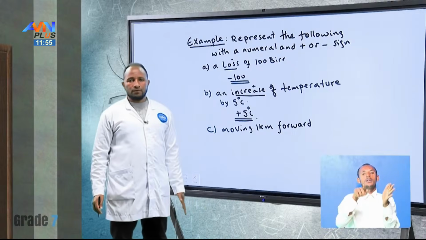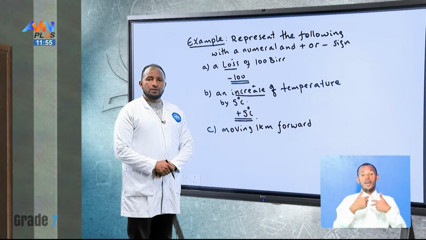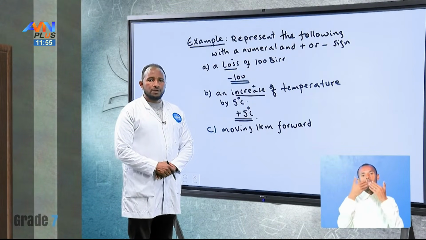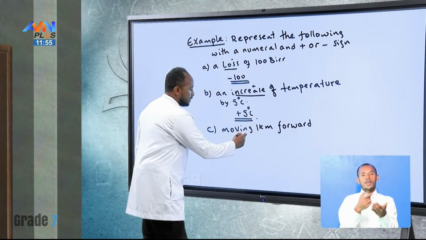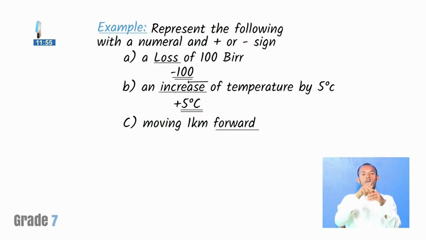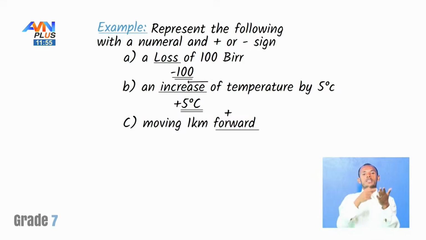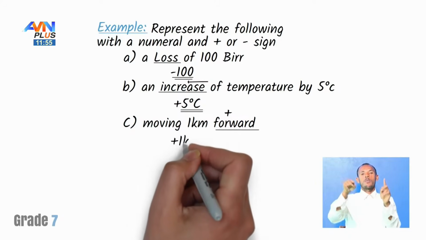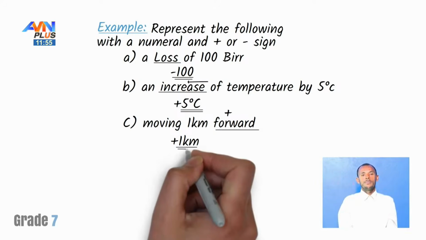I'll give you 10 seconds for this question. Students, have you tried the question? Very good. Let's see the answer together. Here it says, moving 1 kilometer forward. Forward is positive. Therefore, this number is written positive 1 kilometer. This is it.